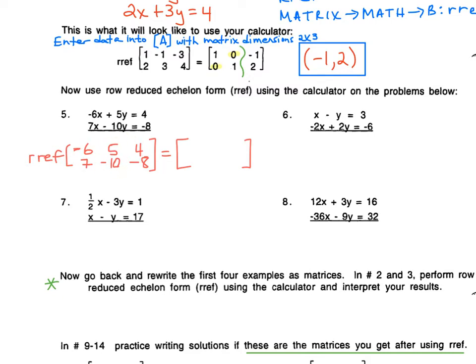So for example, if you stored it in matrix A, you're going to be entering that on your main screen, and then hit enter and see what you get. Once you're able to do that, then continue the video so that you can see if you got your result correctly.